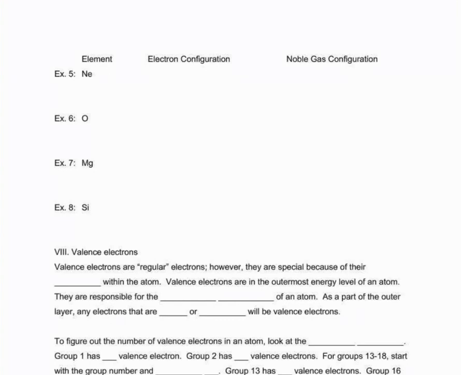For the element neon, which we have already used, you should have an orbital diagram of neon on the previous page, so I will have you reference that. We're going to reference the orbital diagram as we do the electron configuration. Remember, the first energy level is 1.